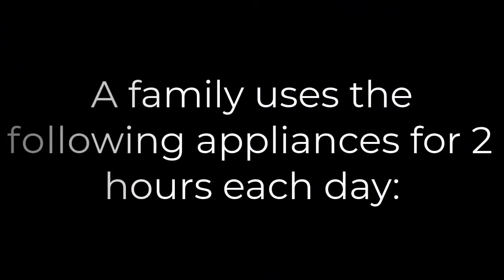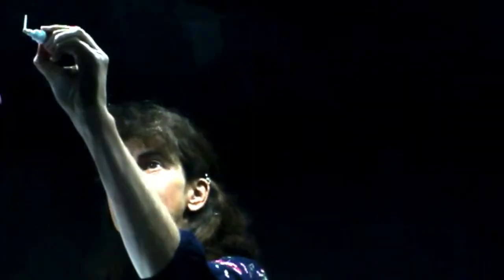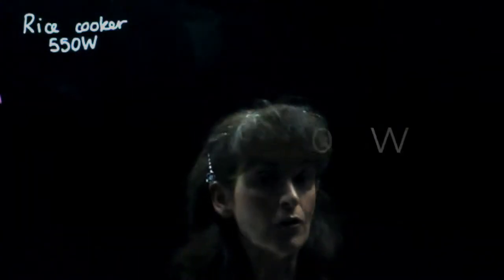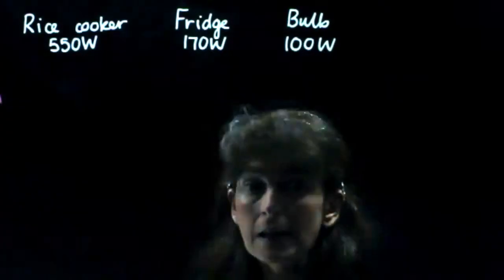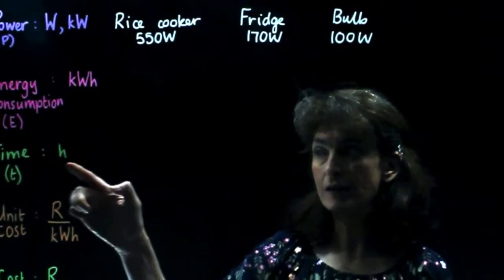Question 3. A family uses the following appliances for 2 hours each day. There's a rice cooker, power rating 550 watts. A refrigerator, power rating 170 watts. And a light bulb, 100 watts. Let's also put in the information we've been given about time.